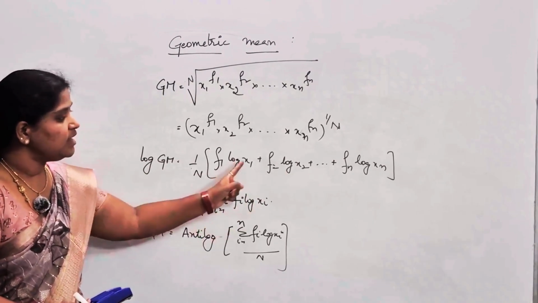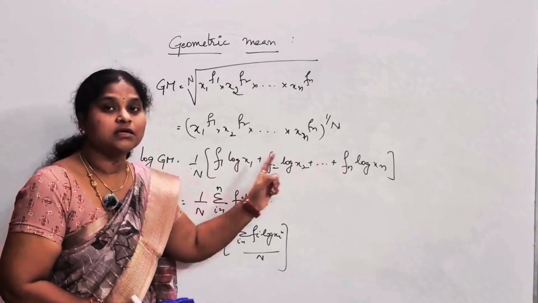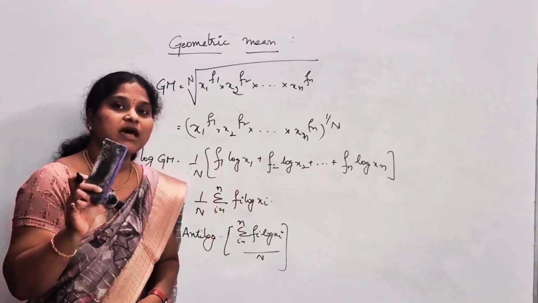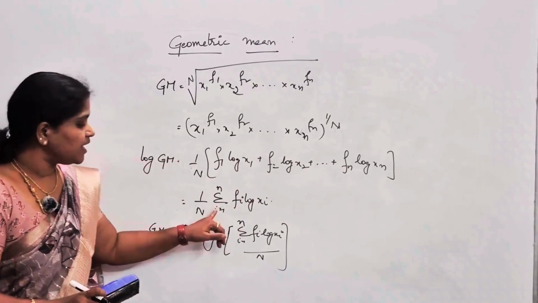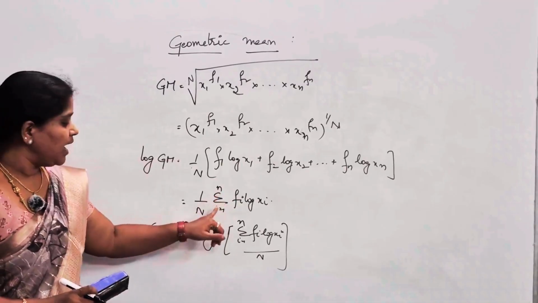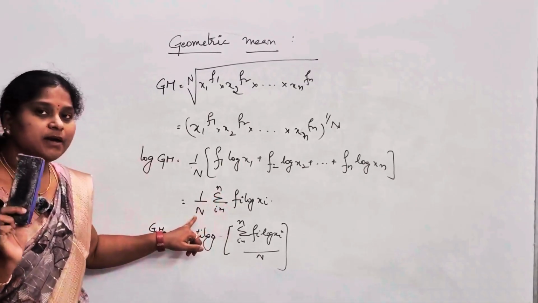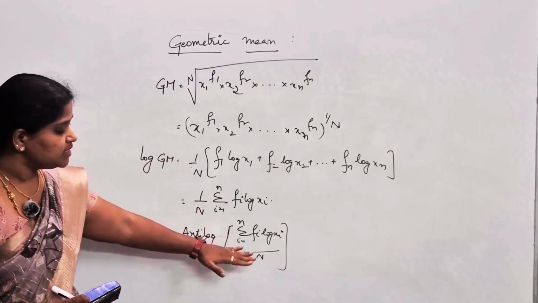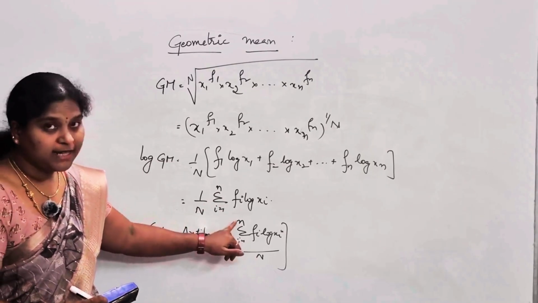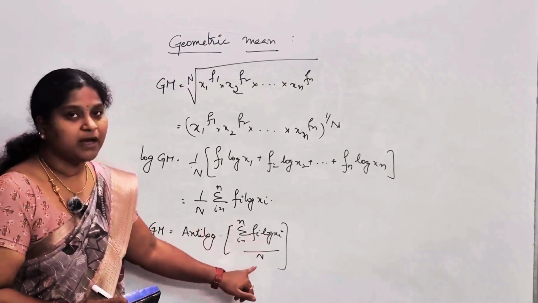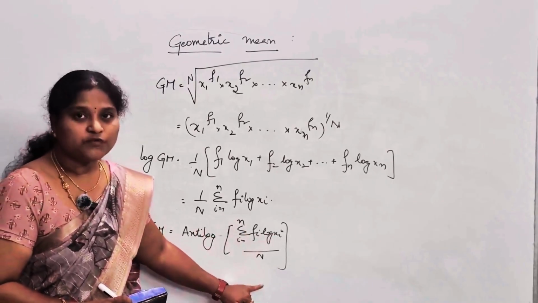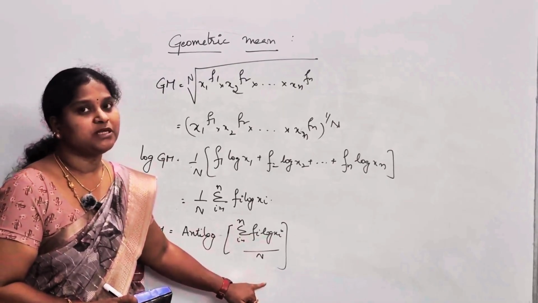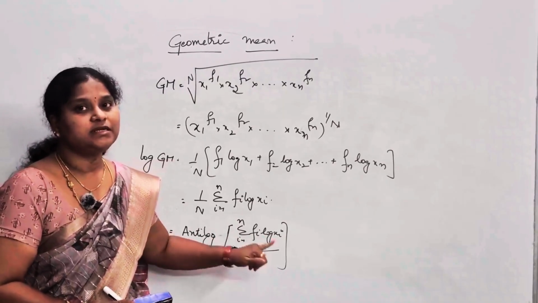Here small n is the number of values in the data set, and capital N will be our sigma fi. So finally, geometric mean is equal to the anti-log of sigma, i runs from 1 to small n, fi log xi, by capital N. Using this formula, let us see how geometric mean is calculated in terms of discrete series.